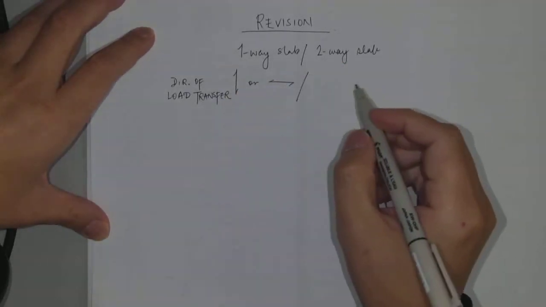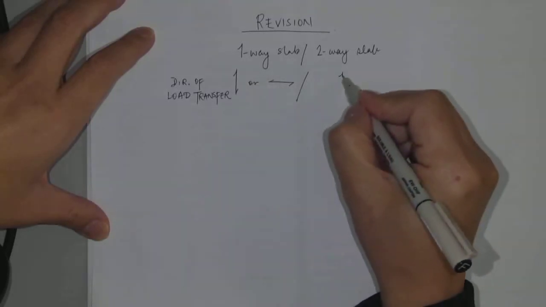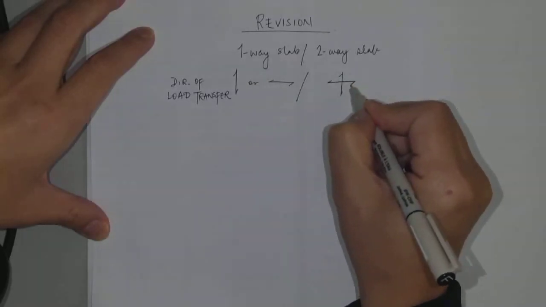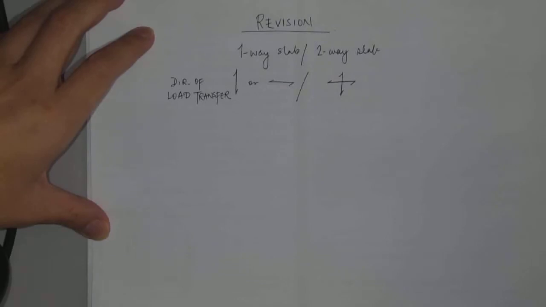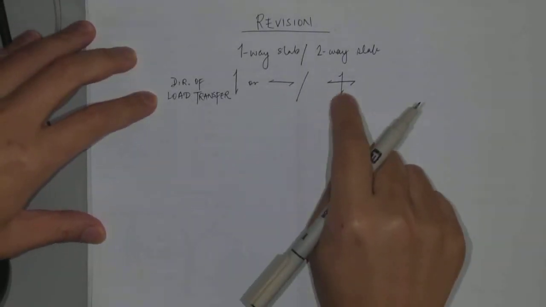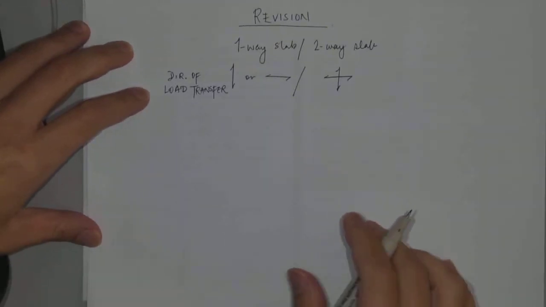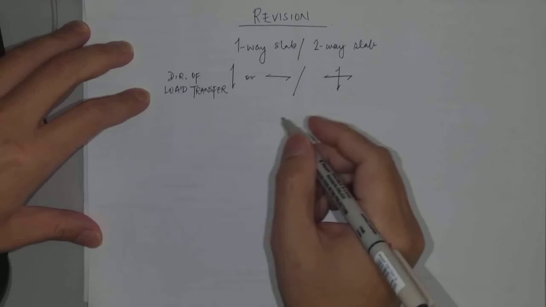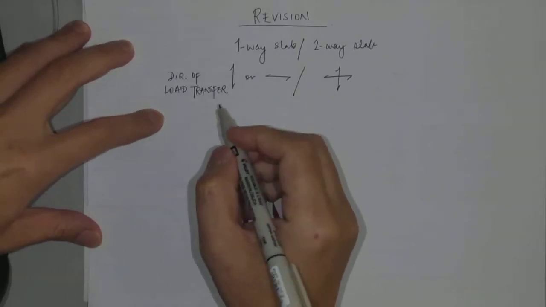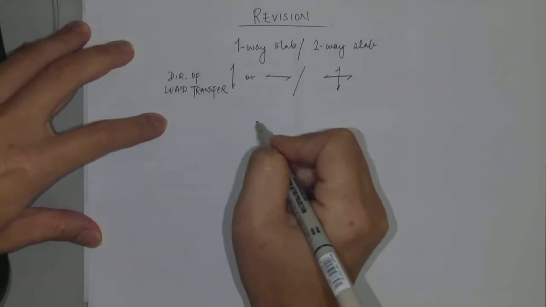For a two-way slab, it's a bit different. Like the cross. That indicates the direction of load transfer for a two-way slab. So I'm just going to go through something you learned before. I sketch a rectangular slab.